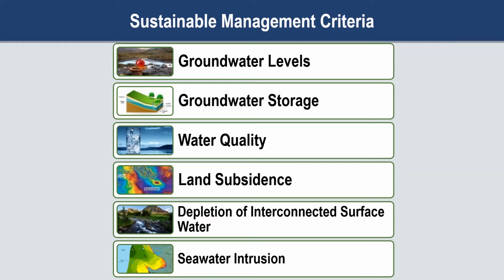Since we're far enough away from the ocean, that is one indicator we do not need to worry about. And I'll discuss a little bit later, but we are also not setting any sustainability indicators for depletion of interconnected surface water. So that leaves us with groundwater levels, groundwater storage, water quality, and land subsidence that we are setting sustainability criteria for.